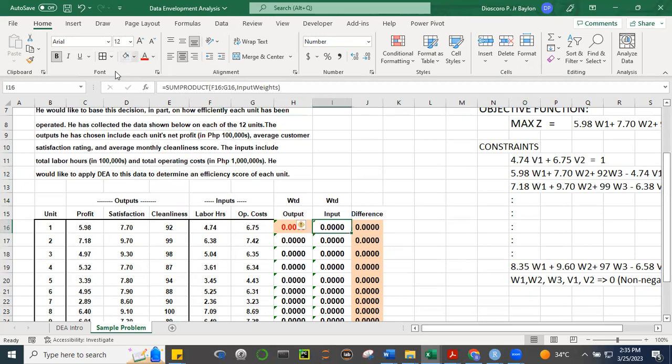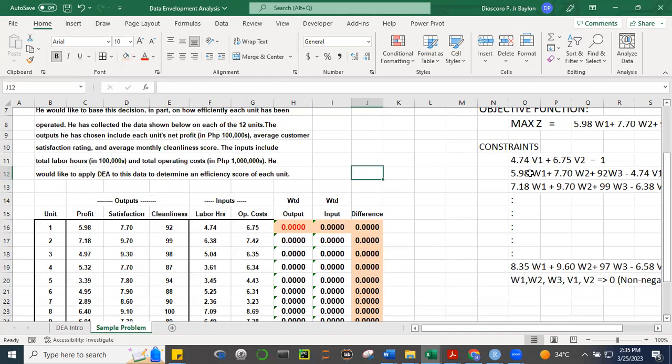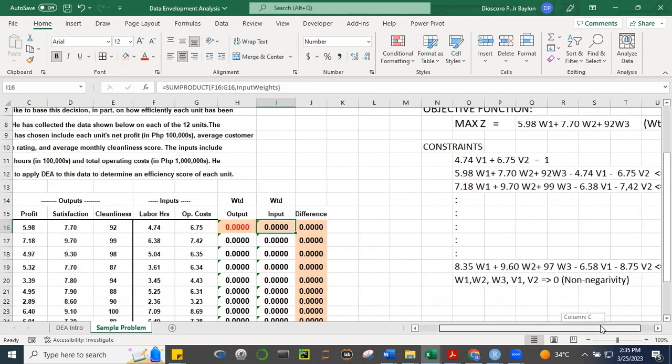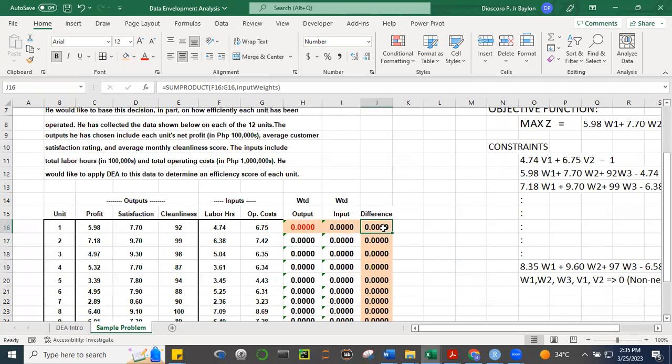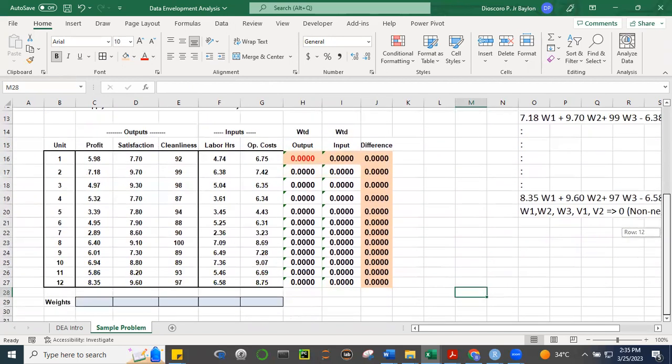This is also a constraint. 4.74 times V1 plus 6.75 times V2. This is that formula, and it should be equal to 1. So it's part of the constraint. And then the difference between your weighted output and your weighted input is this one. Okay, so it's precise, efficiently done. So you make use of the structure of our data.